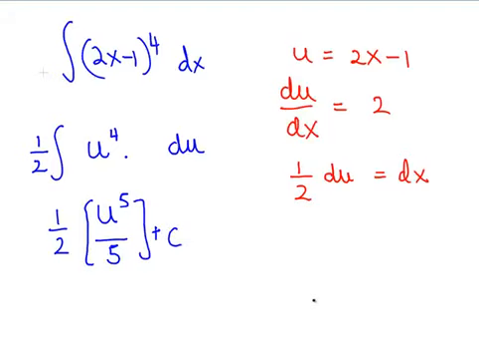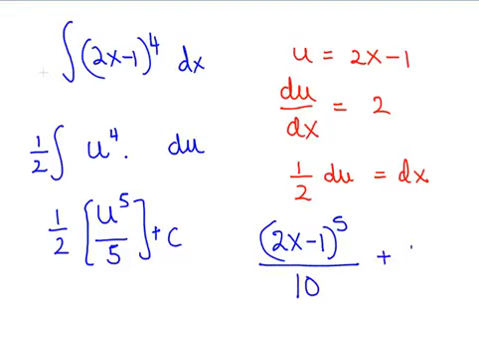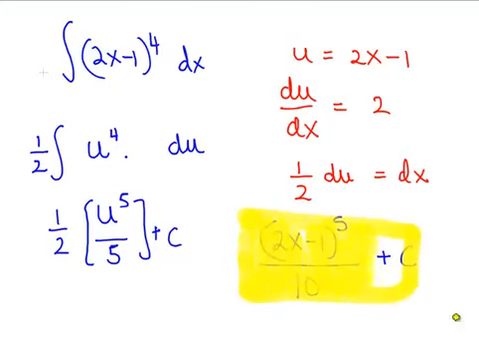Putting back in the expression, we have (2x minus 1) to the power of 5, with 1/2 and divided by 5, so that's just divided by 10, plus c. So that one's simple enough. It's an indefinite integral, so we don't have to evaluate it for any particular limits.